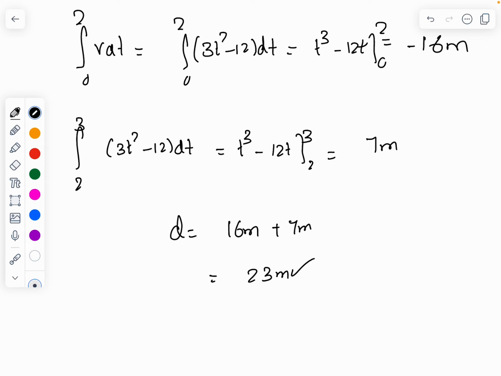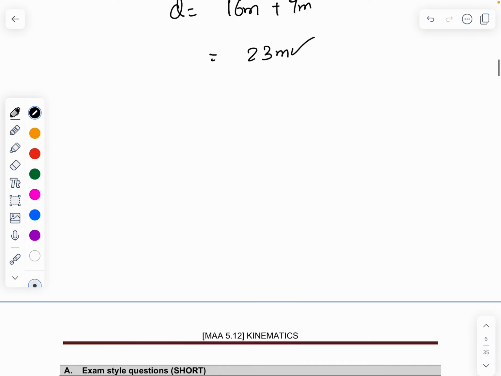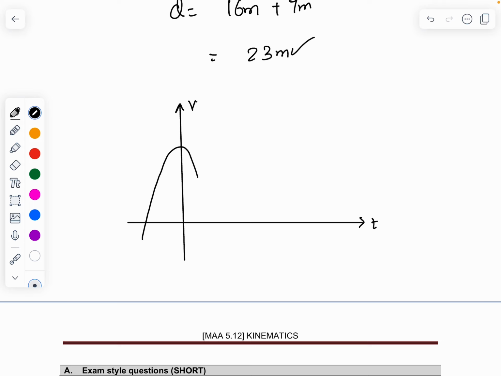I'm using the calculator. This was minus 2 and this is nothing but 2.